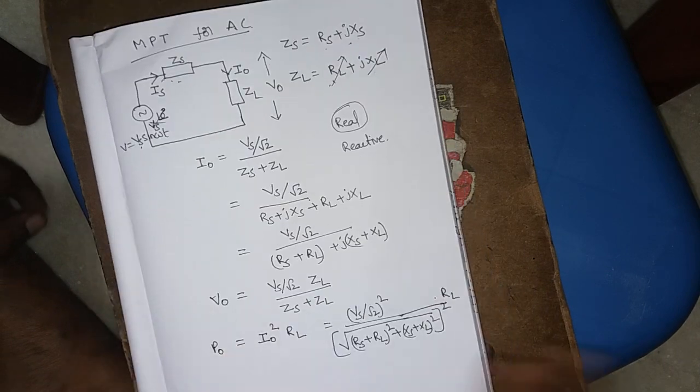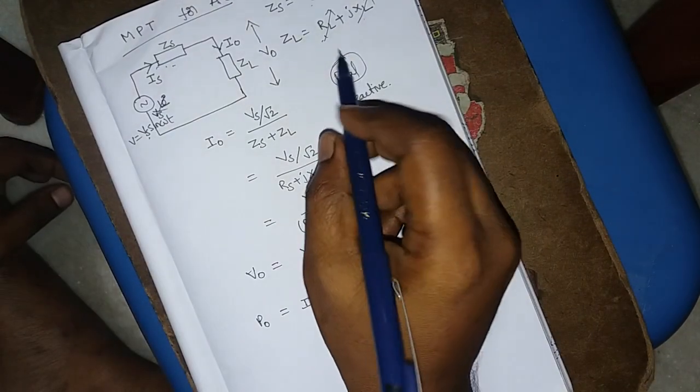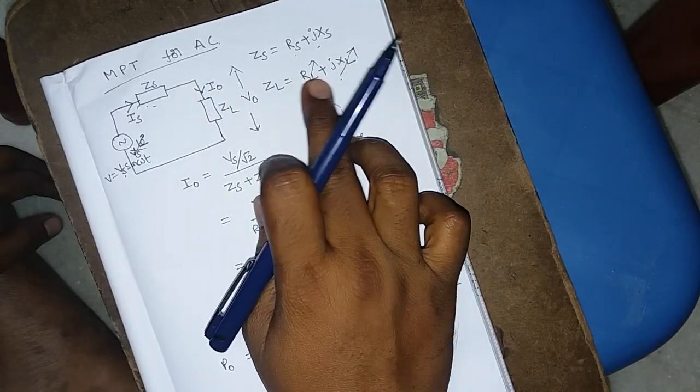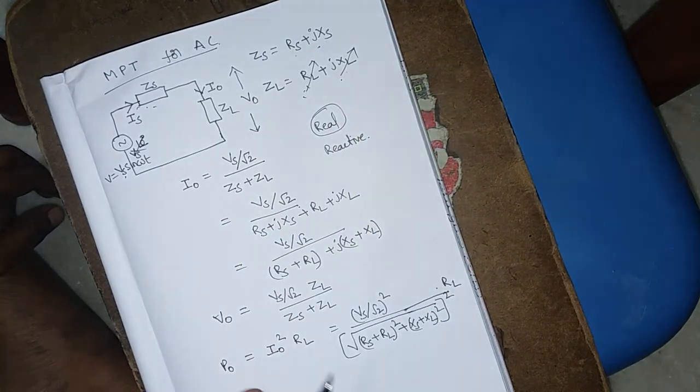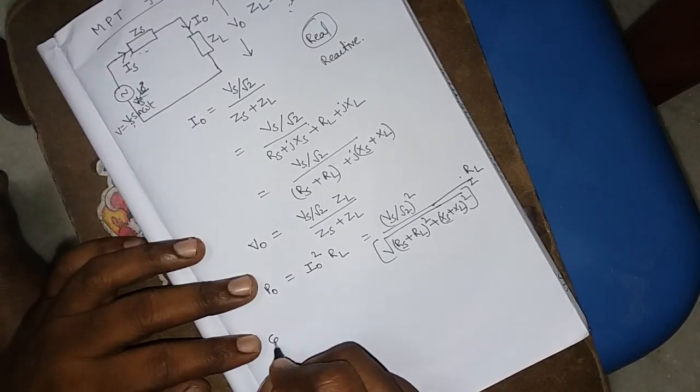Here I am assuming that both RL and XL are varying. So we have two conditions. That is case 1.